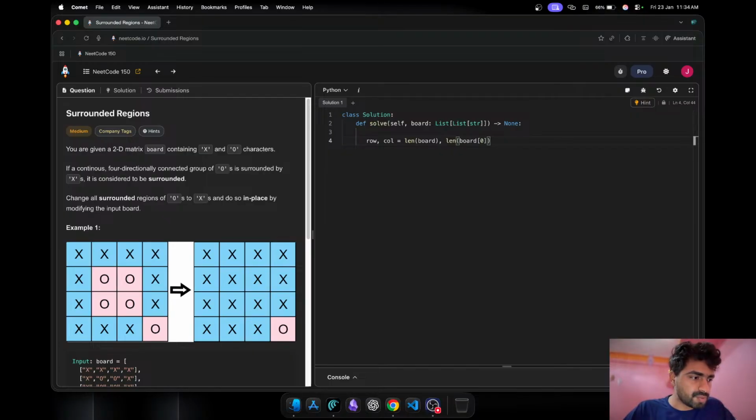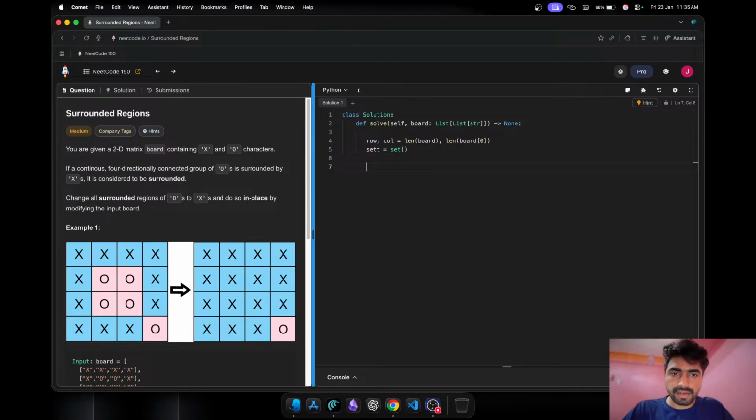So this is our row and we have columns, and now we also need a set, because we need to keep track of the visited elements.